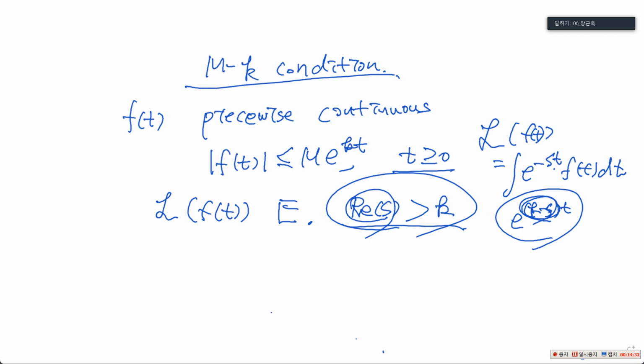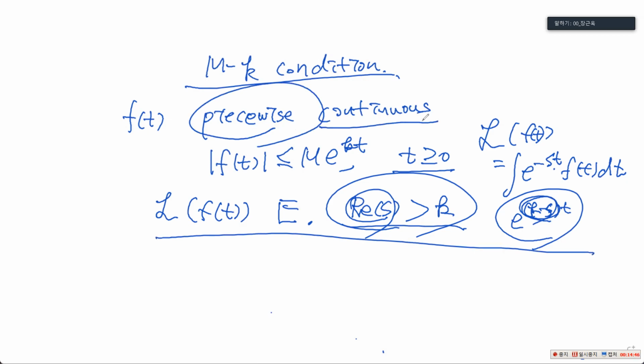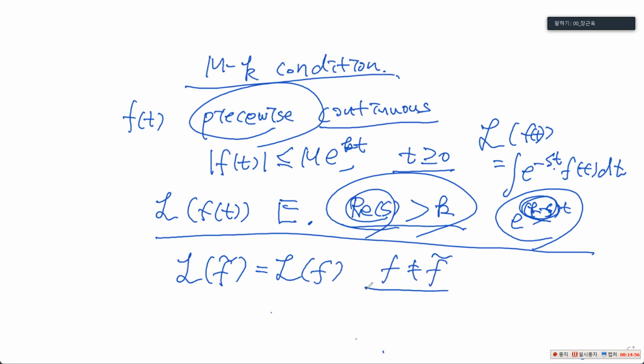So if the MK condition is satisfied, then we say that the Laplace transformation exists. Okay. Then that is only a proof of existence. If f(t) is piecewise continuous, then we can say that there is some kind of function given by here, and f is not the same as f tilde.